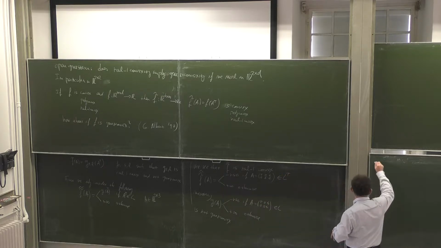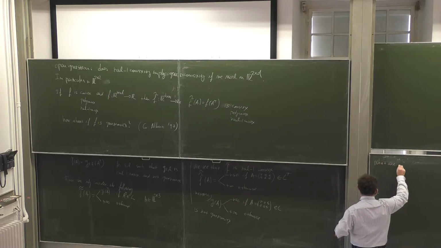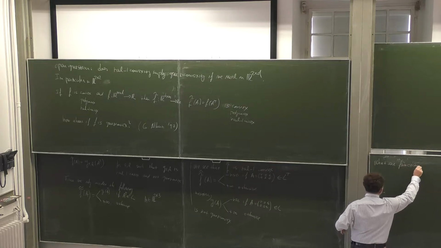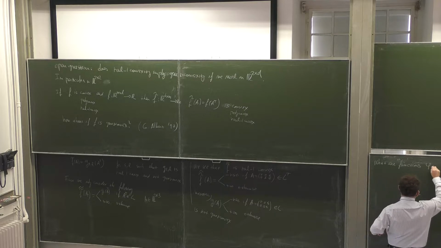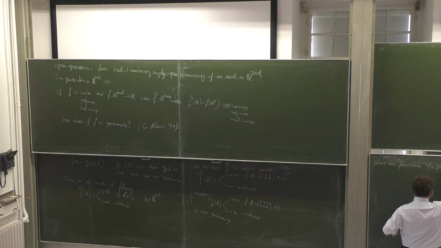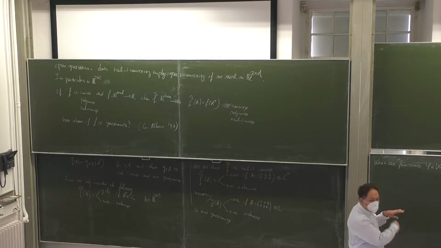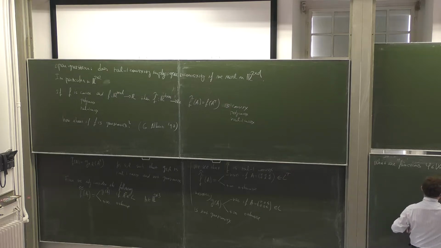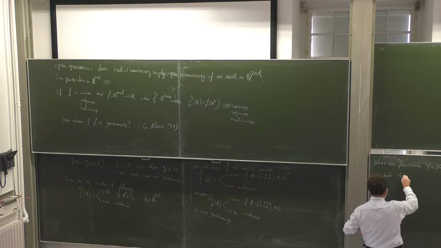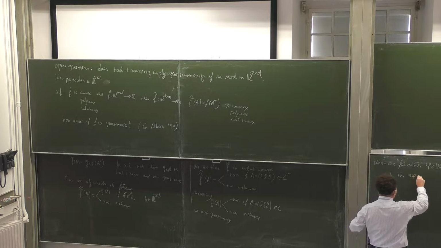But here, what are functions phi in W^{1,∞}, 0, 1 periodic, but now to the power cube, because we are working in the three-dimensional subspace, from R^3 to R^2, such that the gradient of phi lives in L transpose.